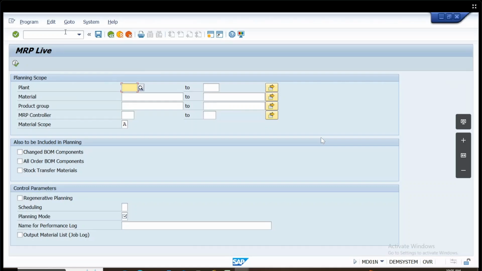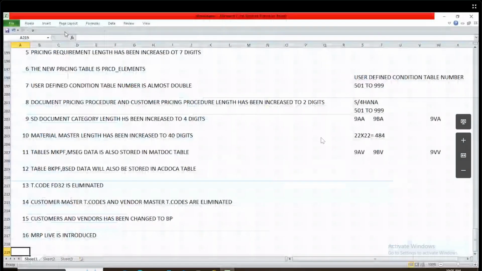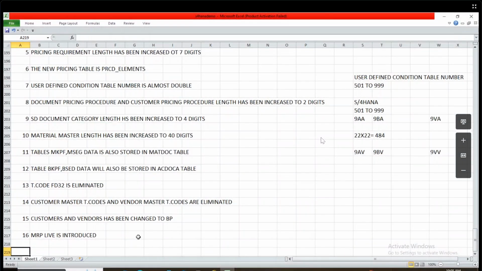Now it is MD01N, which is MRP live. You can execute this T code live. Okay. Earlier we had to run this in the background, but now you can do MRP live. Next, MRP live is introduced, MD01N.